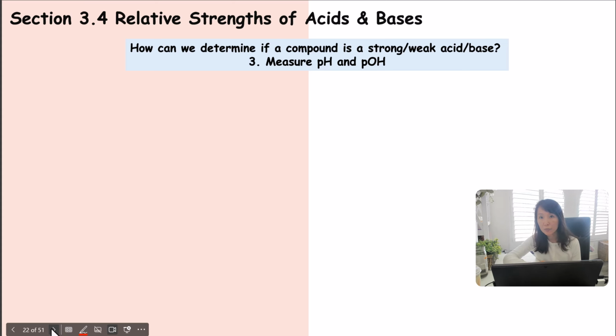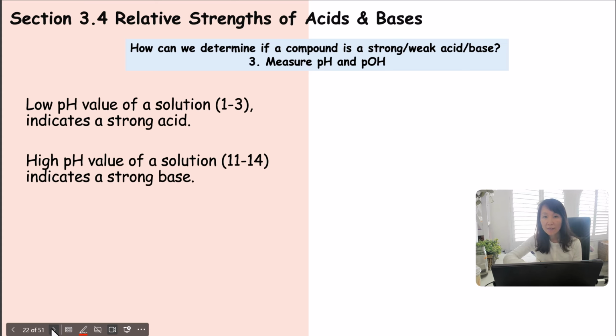Another way would be to measure the pH. If the pH falls between 1 and 3, it indicates a strong acid in the solution, or the pOH falls in the opposite direction, so 11 through 14.